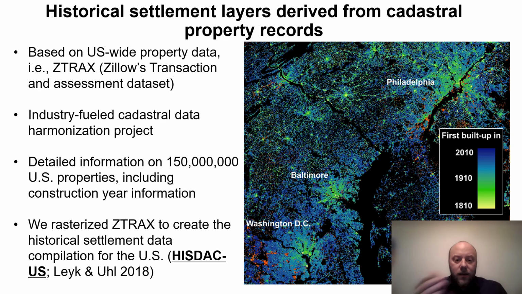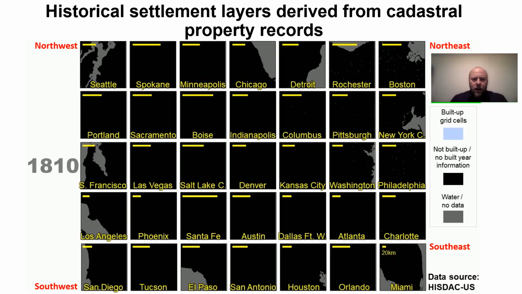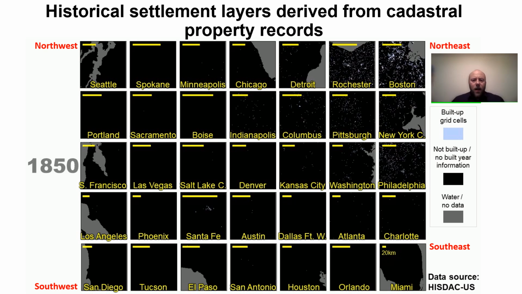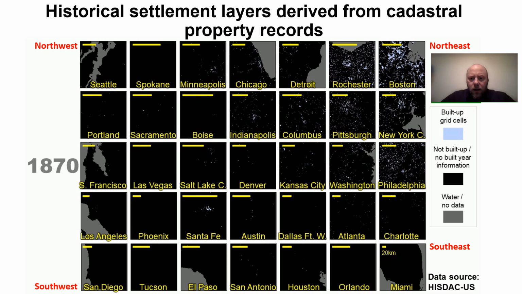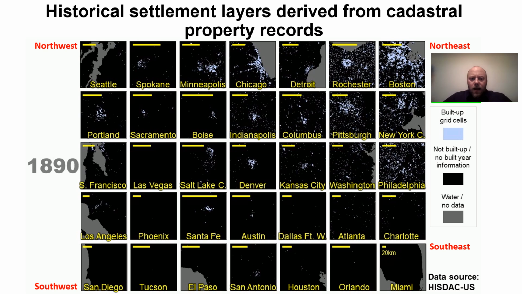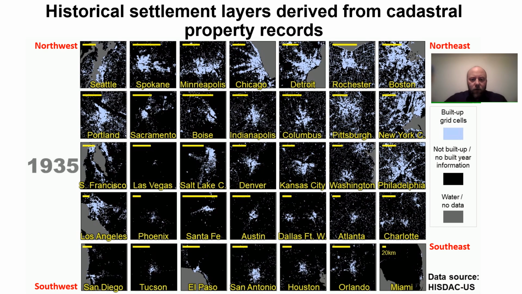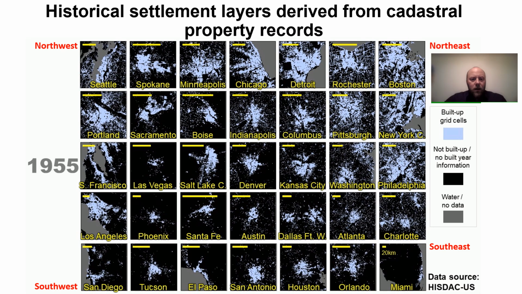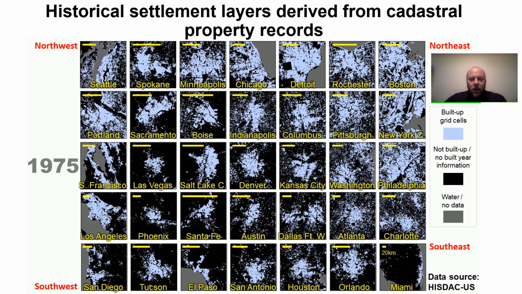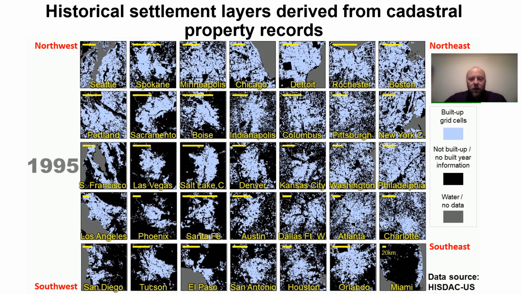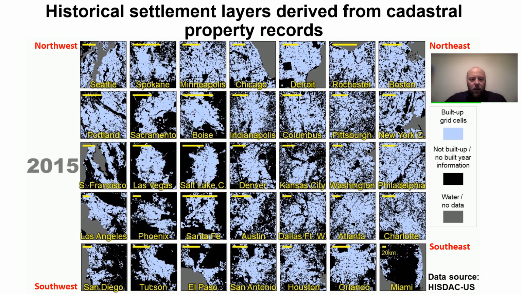Okay, so this is HISDAC US, this historical settlement data set that we've created. And we can not only visualize settlement age per grid cell, we can also use these data sets that we created to look at how cities have grown over time. Another interesting example here, what you can see here are basically 35 US cities.